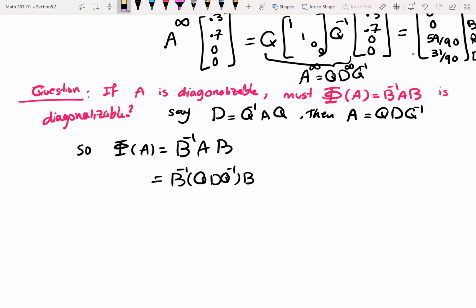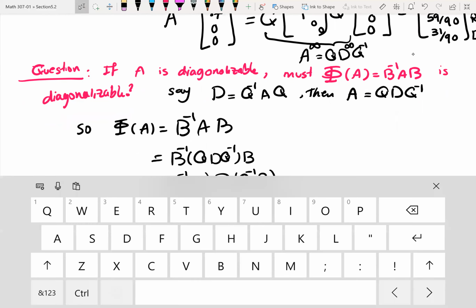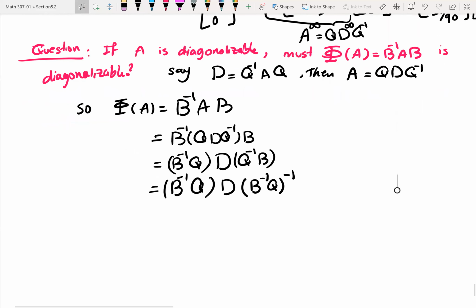Okay, so what I've done is I have separated this piece, kept the D right here, then I have this one. So this is really the same as B inverse Q on the left, D. That's based on the inverse having to reverse the order. That's just the property: when you invert the product, you just reverse the order. So that's fine, right? Is it fine from here to here?